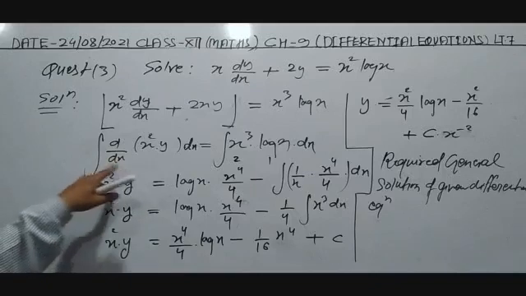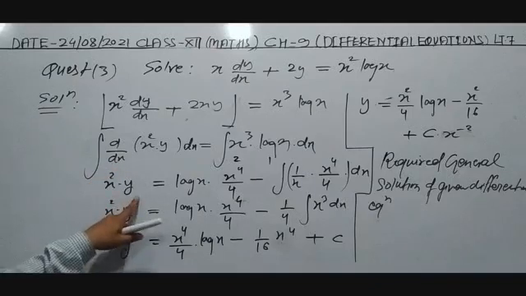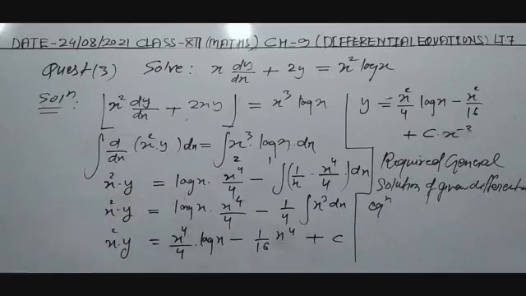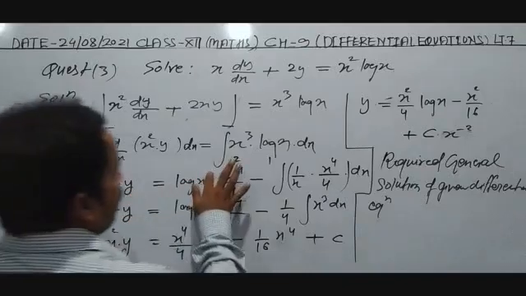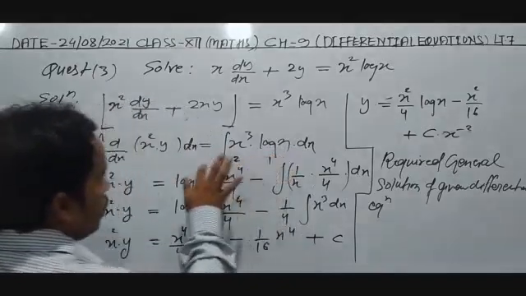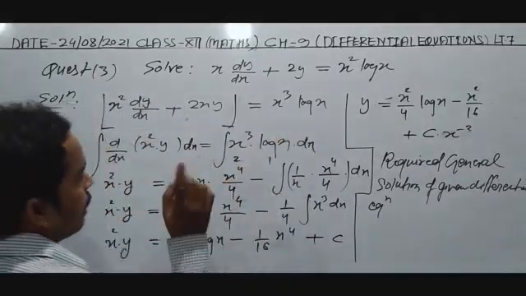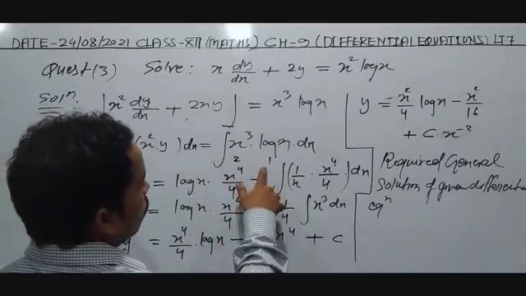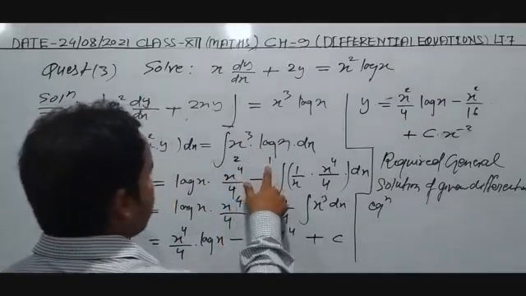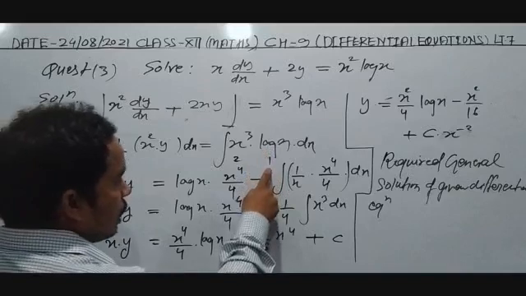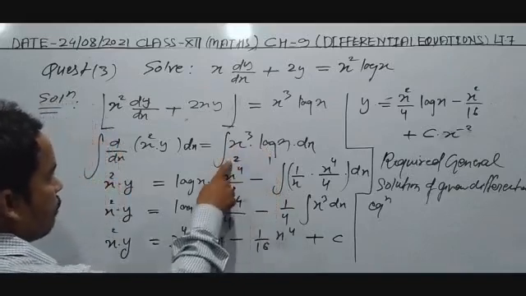Integration and d by dx will cancel out, and the result will be x square y. To calculate the integral of x cube log of x, you have to apply the formula of integration by parts, using the ILATE rule. You can consider the first function as log of x and the second function as x cube.